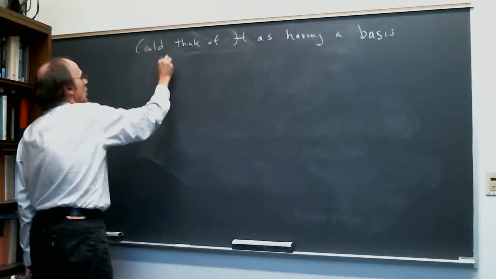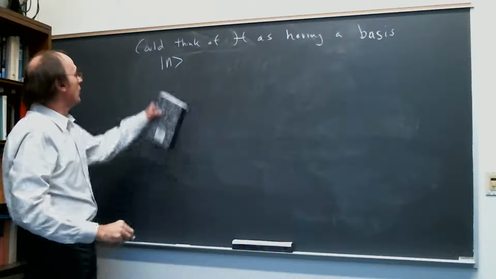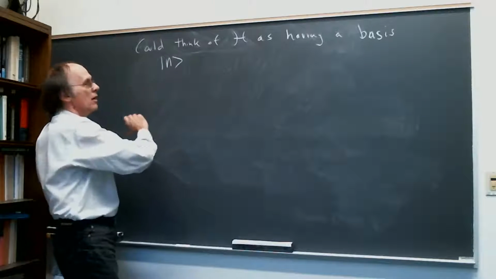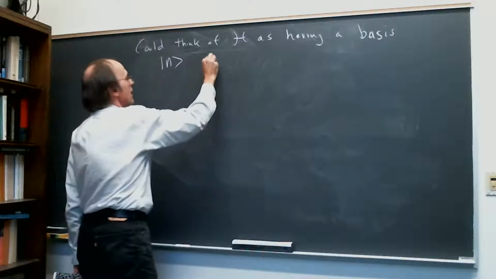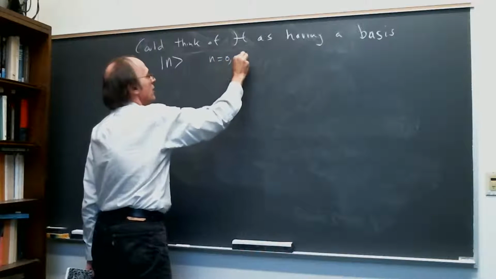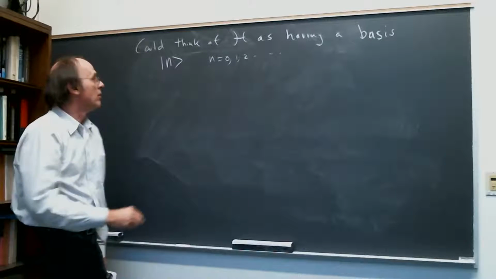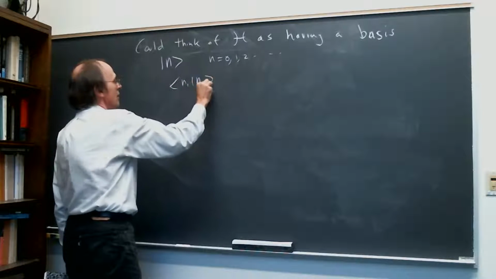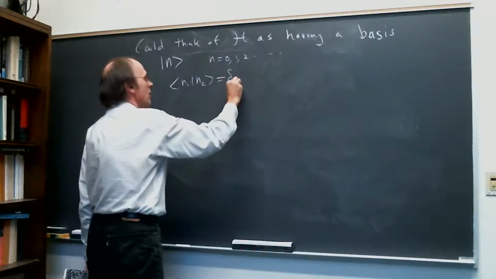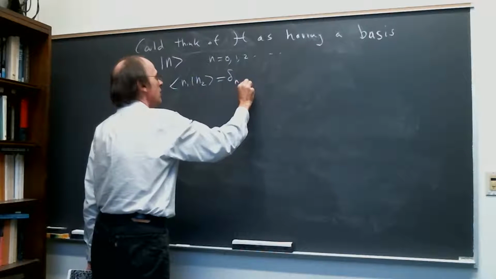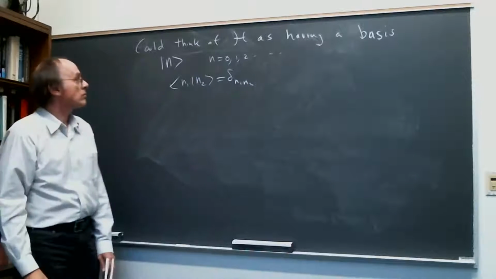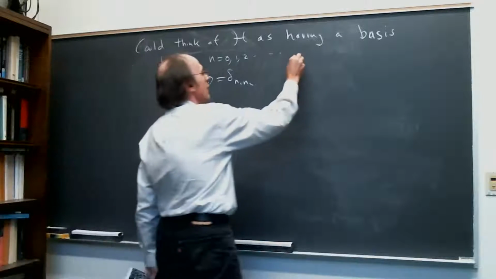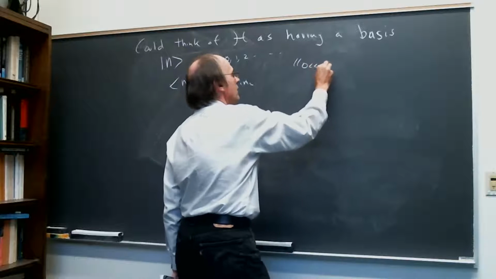and I'll call this |N>, where you can just abstractly think of this as being basis states with N equal to 0, 1, 2, etc., with inner product <N1|N2> equal to delta N1, N2. This is sometimes called the occupation number.